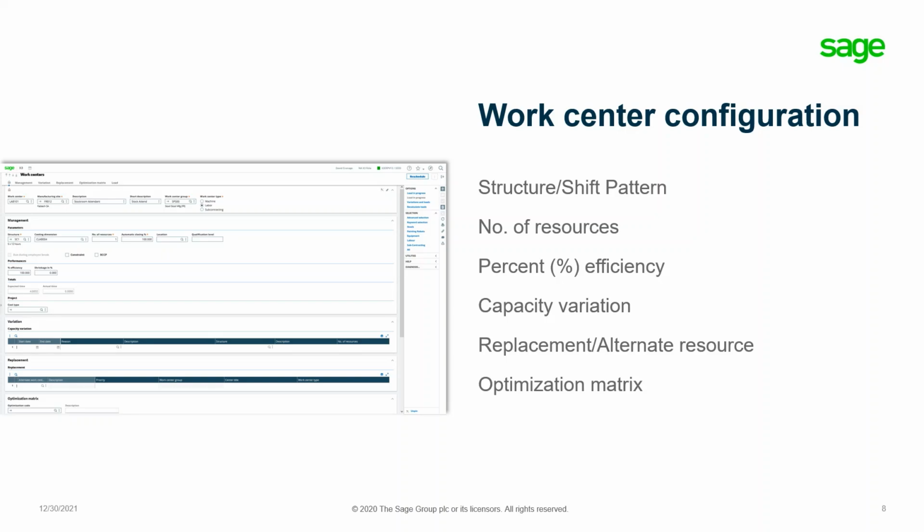Keys to defining a resource's available capacity are structure, or its shift pattern, the number of resources, a resource's percent efficiency, capacity variation, replacement or alternate resources, and the optimization matrix.